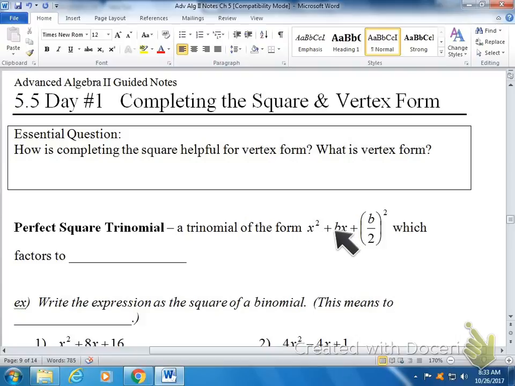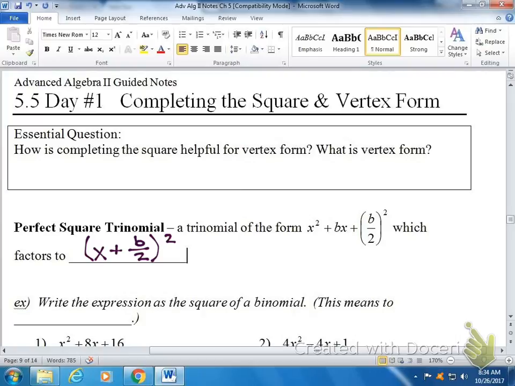And then you've got some sort of middle term, but this last term takes that middle term, divides it in half, and then squares it. So this actually factors into x plus whatever that middle term divided by 2 is, squared.